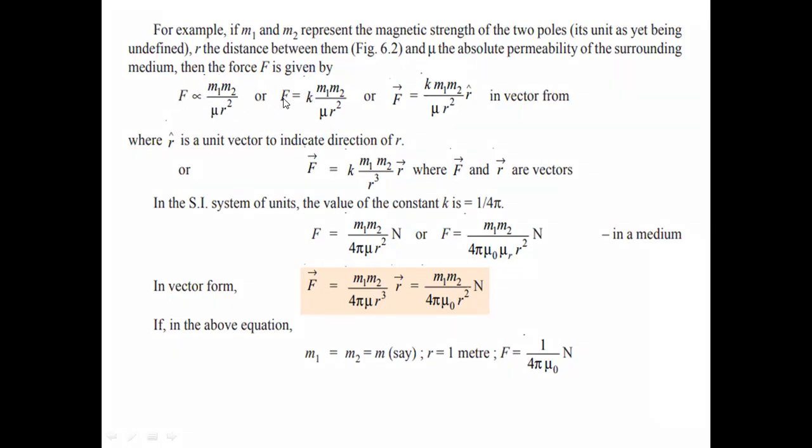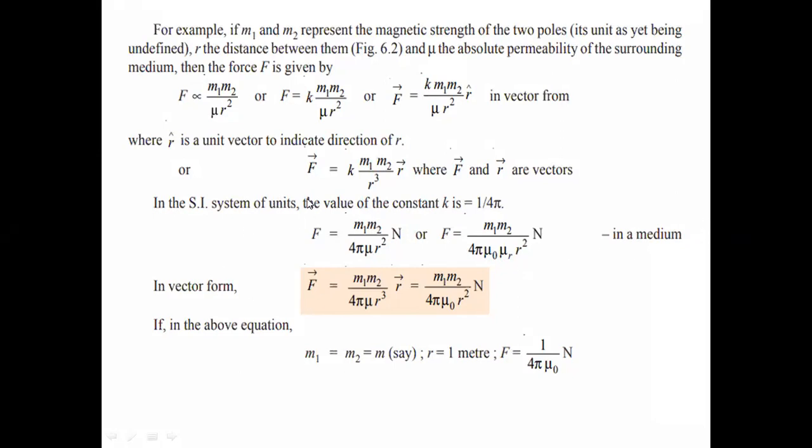The value of the constant K is 1 by 4 pi. So F equals M1 M2 by 4 pi into mu into R square. That is the force. Here mu is the absolute permeability, and that equals mu naught into mu r. So mu naught is the permeability of air and mu r is the relative permeability of the medium.